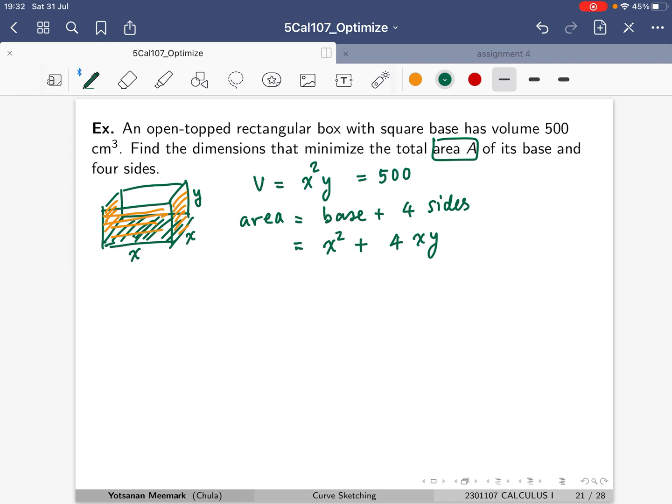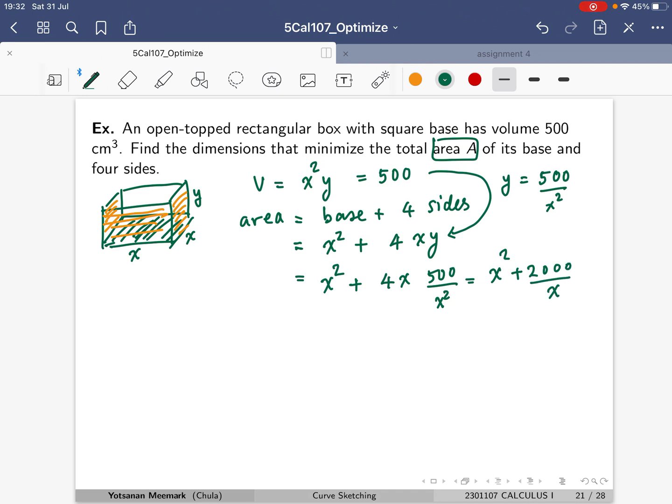So again, you need to use this relation to get rid of the y. This relation says that your y is simply 500 over x squared, so it means that your area will be 4x times 500 over x squared, or it is x squared plus 2000 over x.